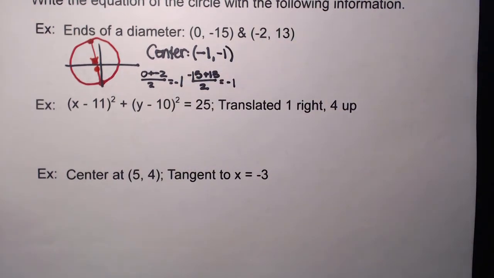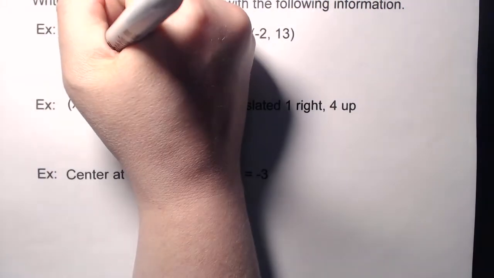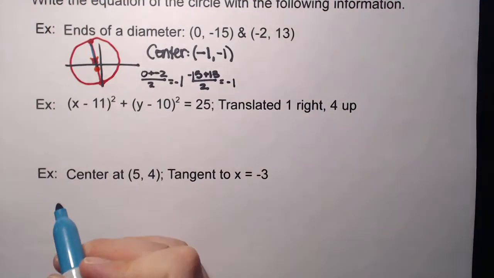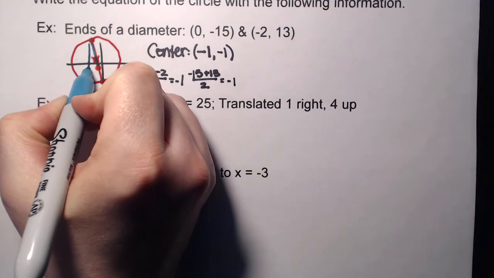Okay, then I can find the radius by figuring out the distance. Now, the distance formula is good to know, but you can also figure it out by drawing a right triangle.